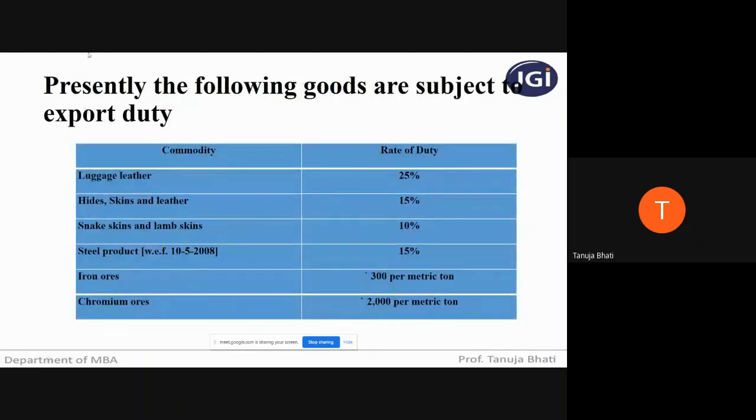Next, presently the following goods are subject to export duty, and the rate of duty is also mentioned.